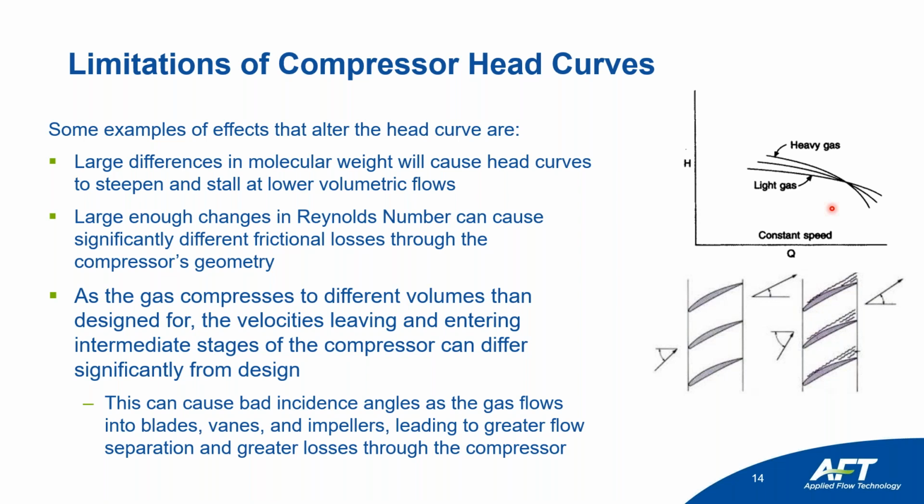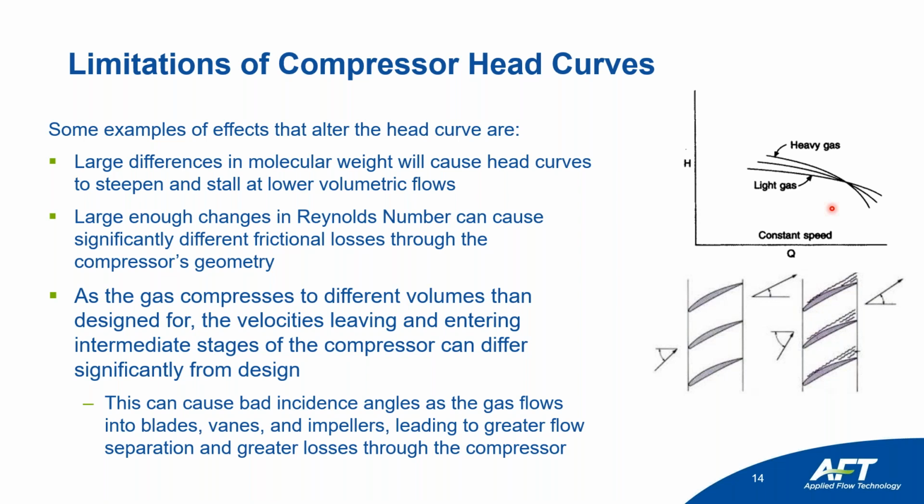And of course, as I mentioned with the pump, the compressor is still producing a pressure rise, but it's just going to have more frictional losses to fight against as that Reynolds number changes, especially if you go down and get into the laminar region. The frictional effects can be significant with a significant change in Reynolds number, especially if you went from the turbulent region to the laminar region. And that's something to keep in mind.